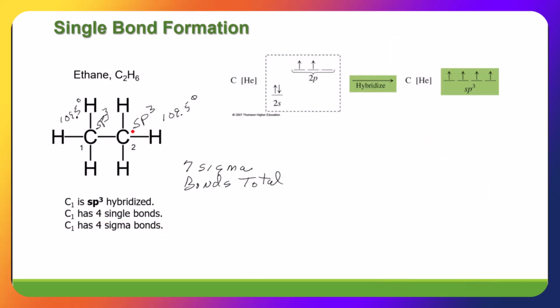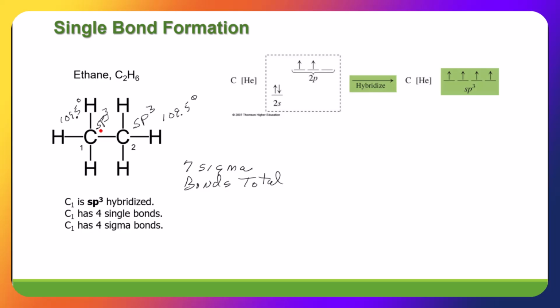So let's go ahead and look at all of this and see what we can tell. The first thing I'm going to do is figure out the geometry and the hybridization, and then the sigma bonds and the pi bonds. So first of all, 1, 2, 3, 4 single bonds around carbon.